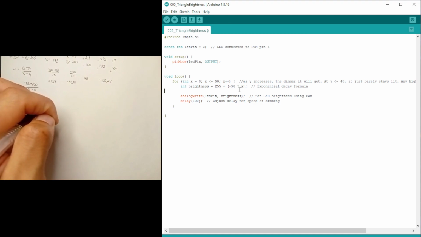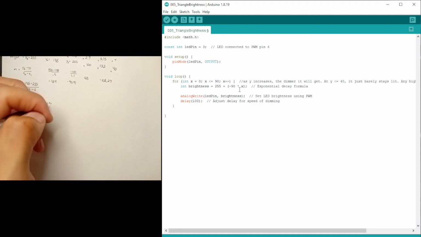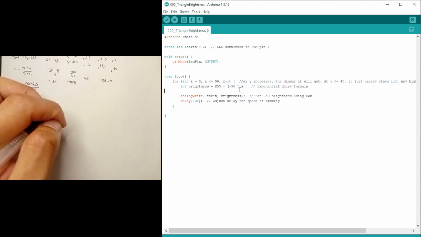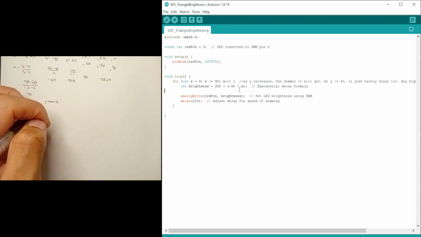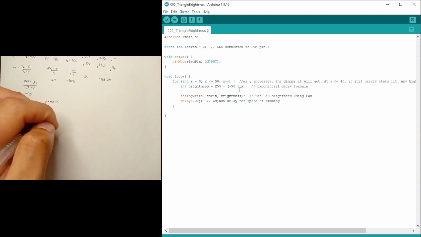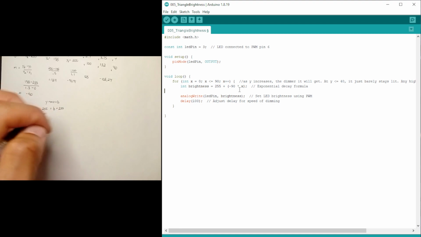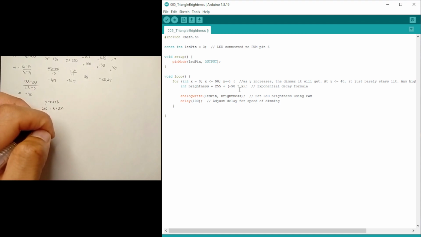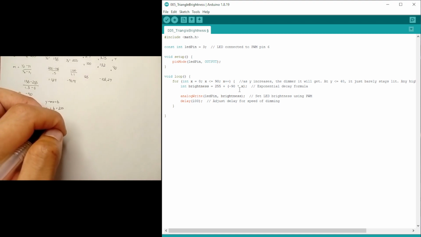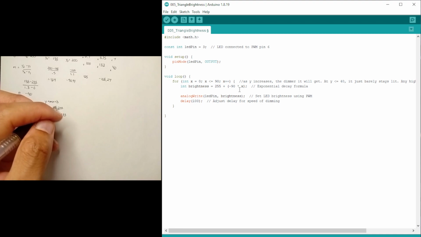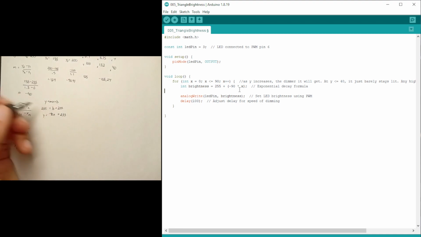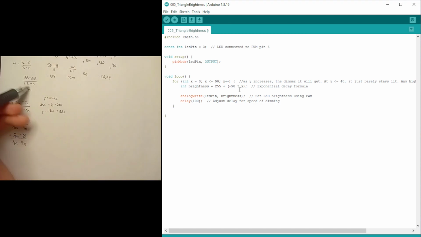Y equals mx plus b. So in this equation, if y equals 255, that means b equals 255. That means the equation is y equals minus 90x plus 255, because b equals 255. And if x equals 0, then the mx term is just going to be 0 anyway.